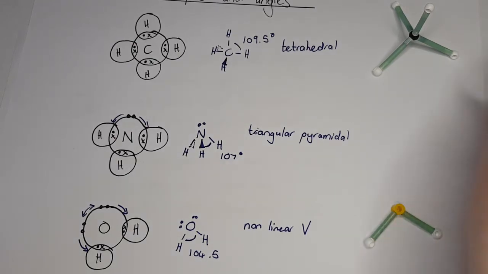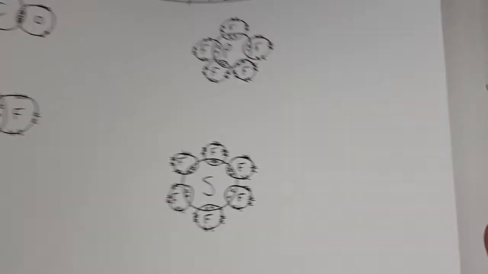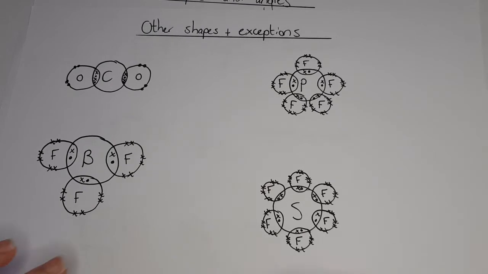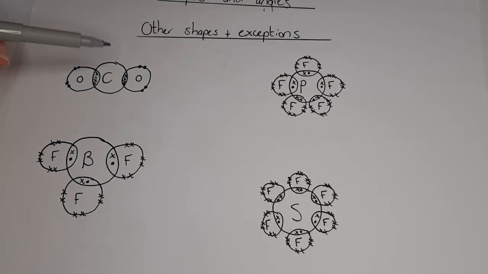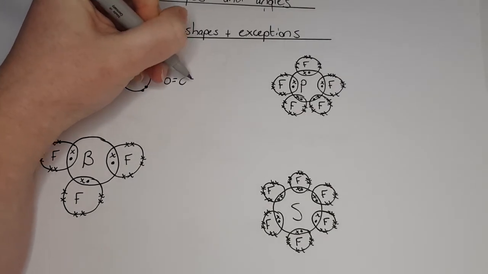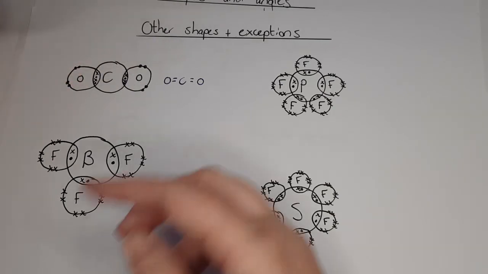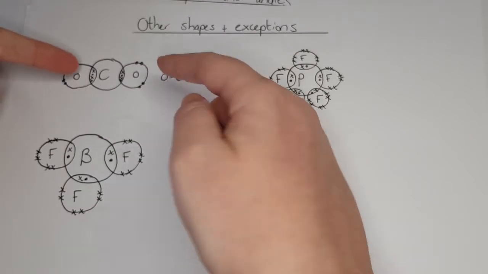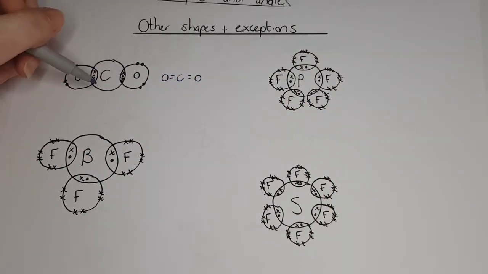The exceptions to the rules that you need to learn would be these ones. So our other shapes and angles would be, so here for example, if I've got double bonds and two lone pairs on each side. The two lone pairs on each side are pushing equally from each way. So from that side and that side, they're pushing equally, and the bond pairs are all in the middle.